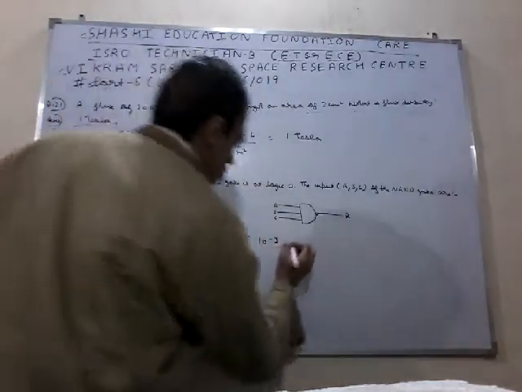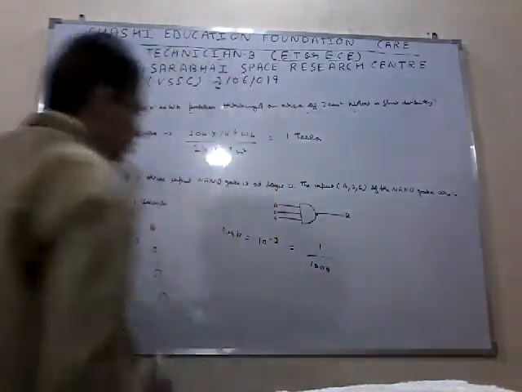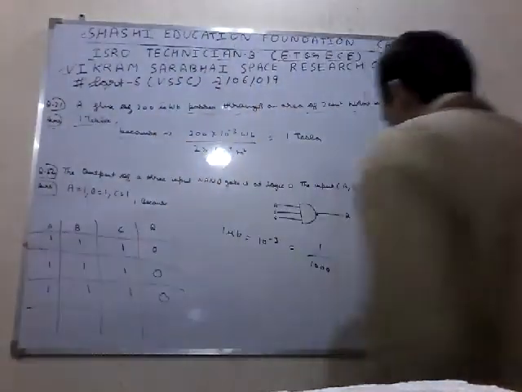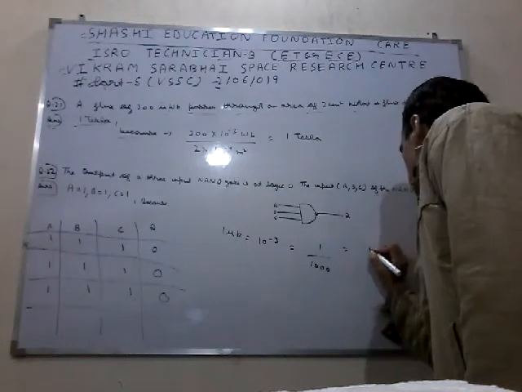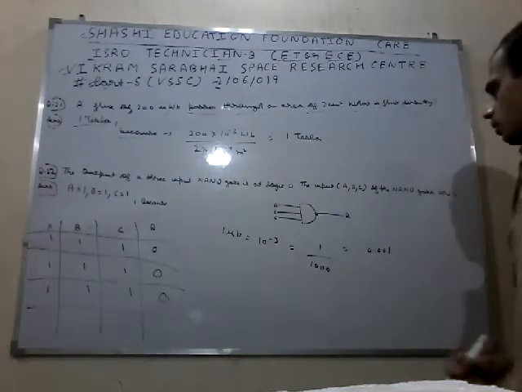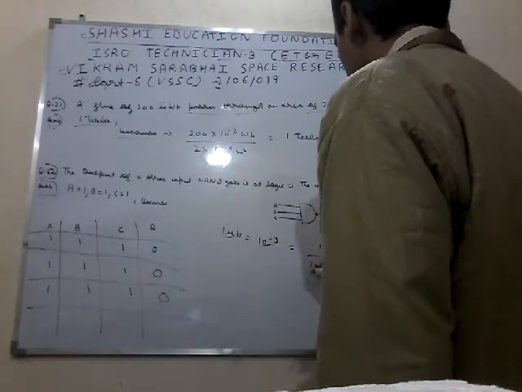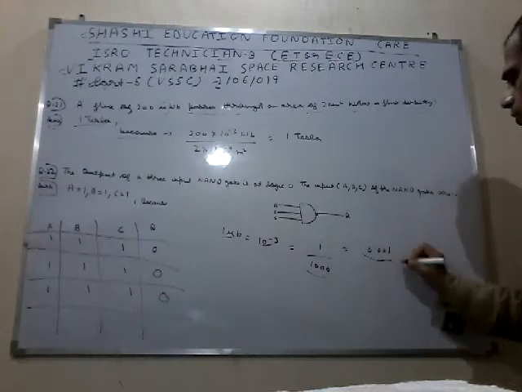Okay, so according to that, 1 by 1000 equals 0.001. So 1 microweber equals 10 to the power minus 3 equals 1 by 1000, which is equal to 0.001.